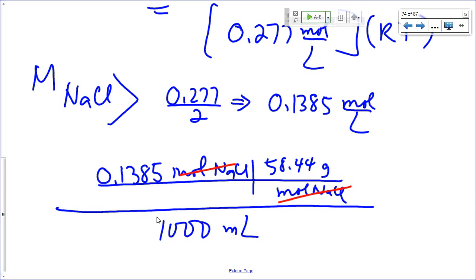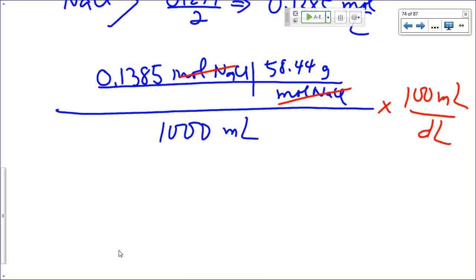Or you can just say times 100 mL per deciliter, because percent weight by volume is really grams per deciliter. It's just a convenient way of doing it.